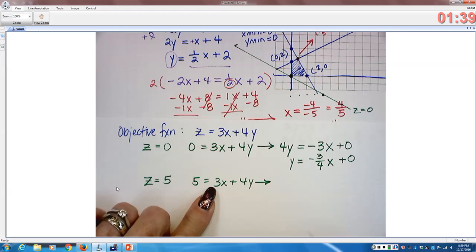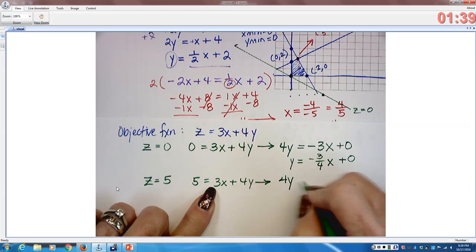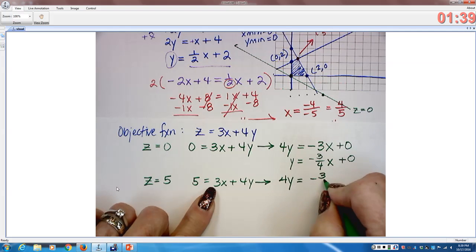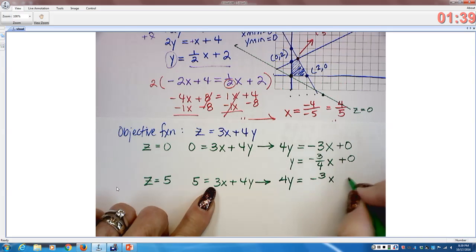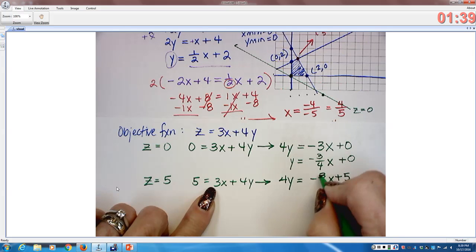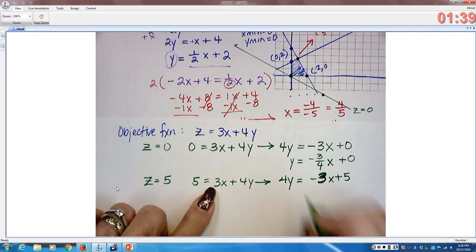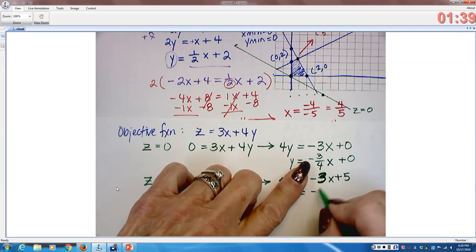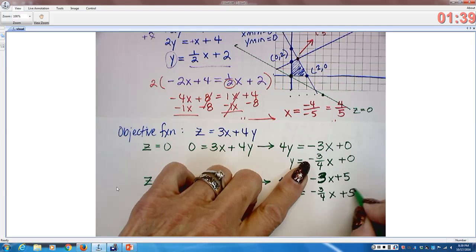Solve for y. y is equal to negative 3x plus 5. But again, when you divide through by 4, it's going to be negative 3/4 x plus 5/4.